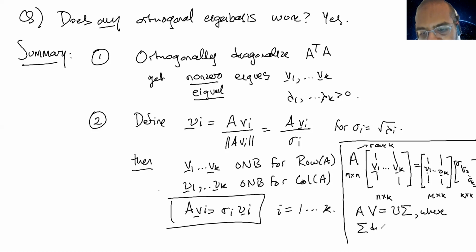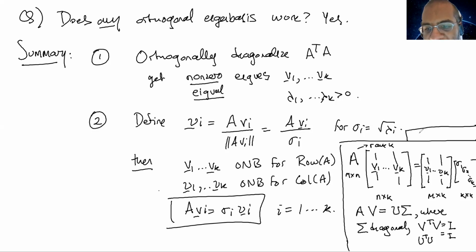Sigma is diagonal, and both V and U have orthonormal columns. In other words, V transpose V equals identity, and U transpose U equals identity. So this is how you write the same information in matrix notation.